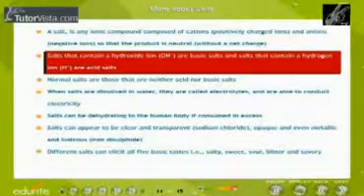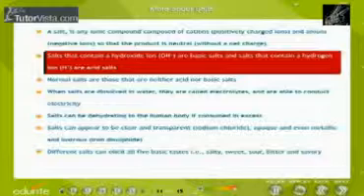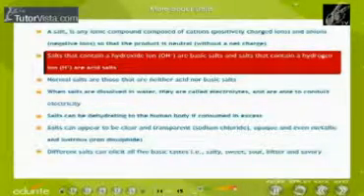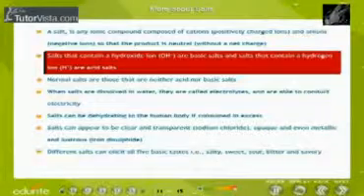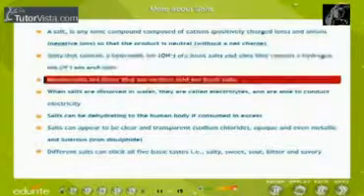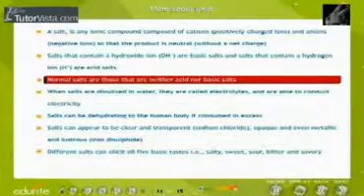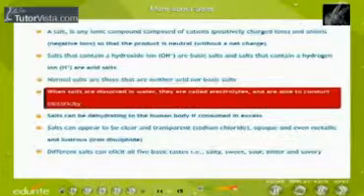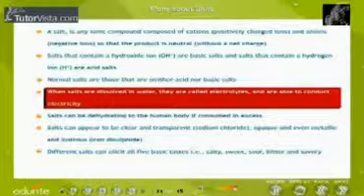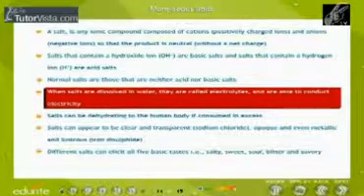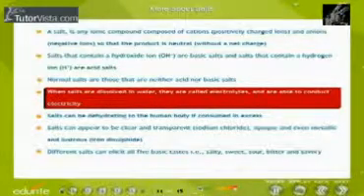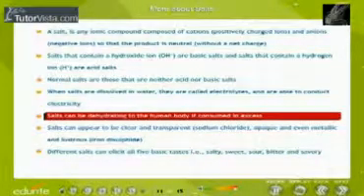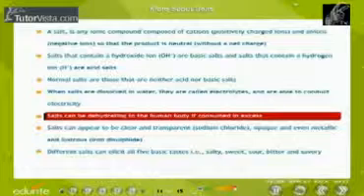Salts that contain a hydroxide ion, OH-, are basic salts, and salts that contain a hydrogen ion, H+, are acid salts. Normal salts are those that are neither acid nor basic salts. When salts are dissolved in water, they are called electrolytes and are able to conduct electricity.